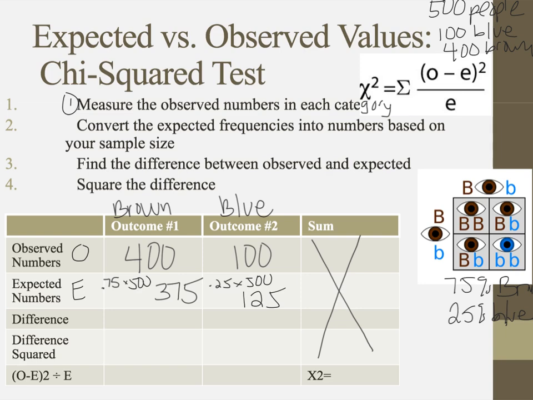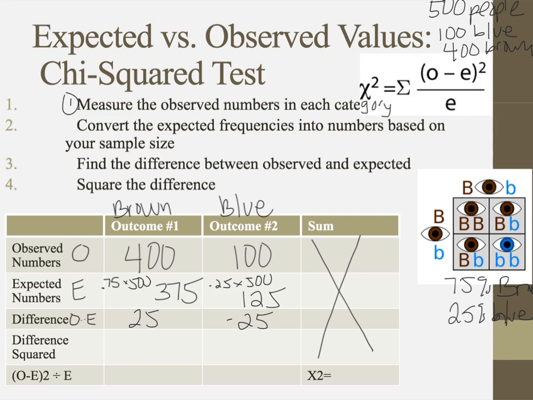Now I need to find the difference, which is going to be O minus E. Okay, observed minus expected. 400 minus 375 gives me 25. Okay. 100 minus 125 gives me negative 25.